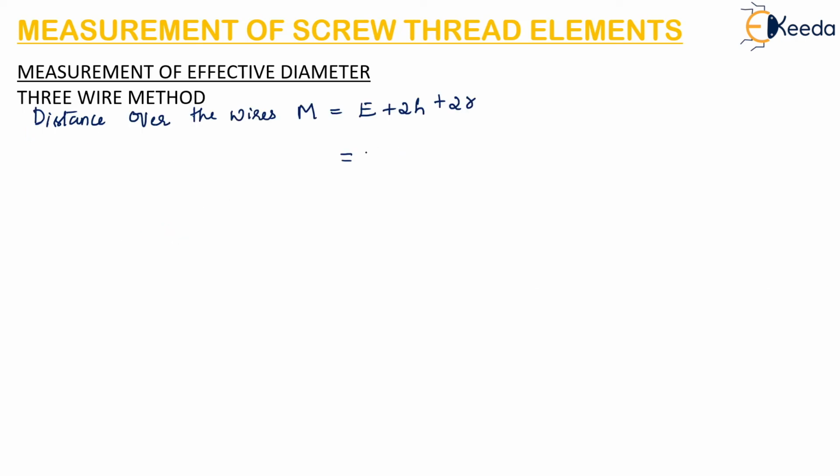So we can write E plus 2 into, we know the value of small h, we have obtained it just now. So instead of d by 2 we can write r, that is nothing but the radius, cosec of theta by 2 minus P by 4 cot of theta by 2 plus 2 into r.